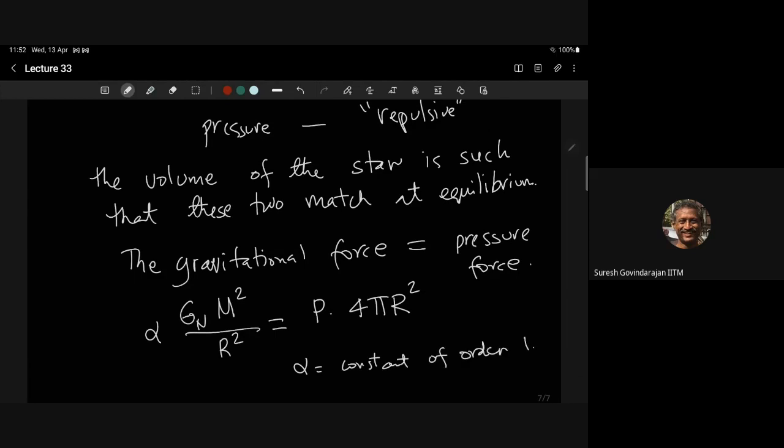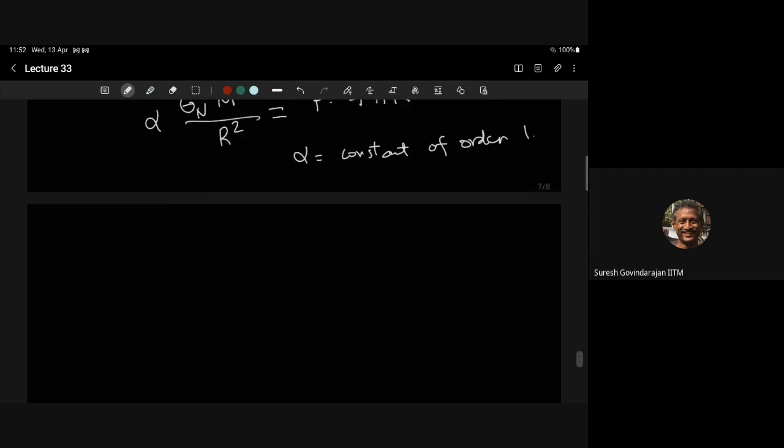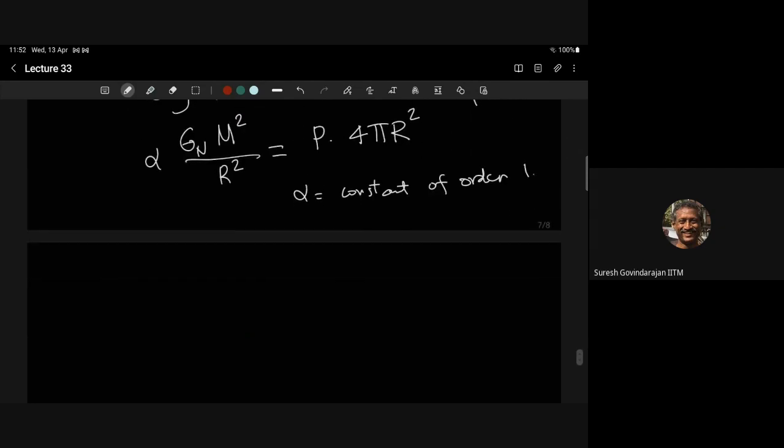Because we are not doing any detailed computation, alpha is something one should in principle estimate. We won't. Is this clear? So this will tell you that P is equal to alpha G Newton m squared by 4 pi r to the power 4.